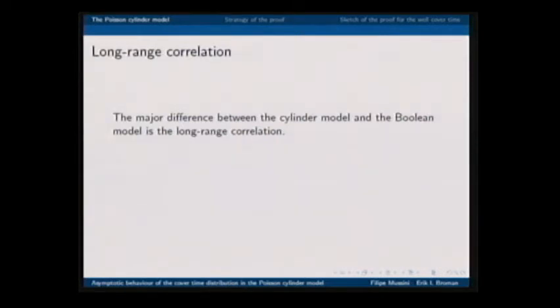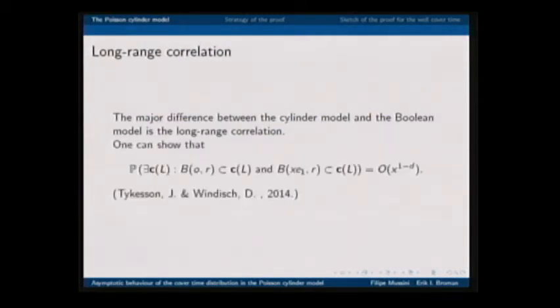And this is a problem because it usually makes the problem harder, but much more interesting than when you try to cover with finite sets. What happened is that in 2014, Dickinson and Winch published a paper and saw that this correlation, although it exists, decays polynomially with the distance. So if the sets for which we are trying to calculate these probabilities are very far away, this correlation is very, very small. And fortunately, this is enough for us to get the result.